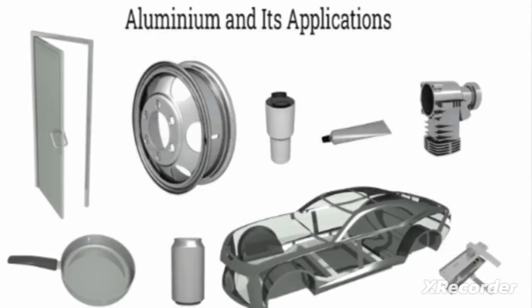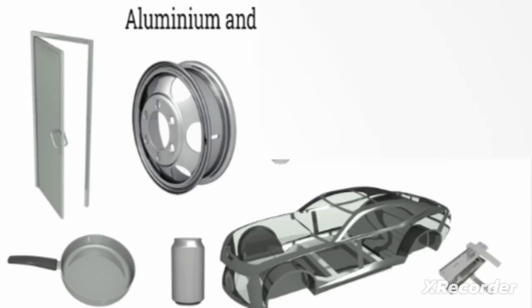Aluminium has a number of applications. Aluminium is used in the manufacturing of cars. Aluminium is used in the manufacturing of kitchen utensils. It is applied to different walks of life.